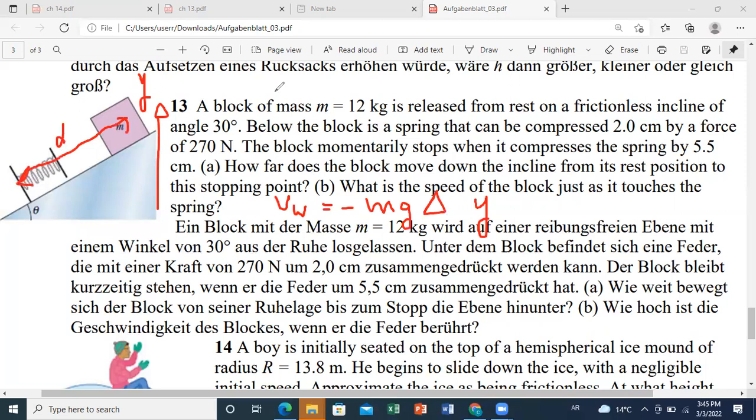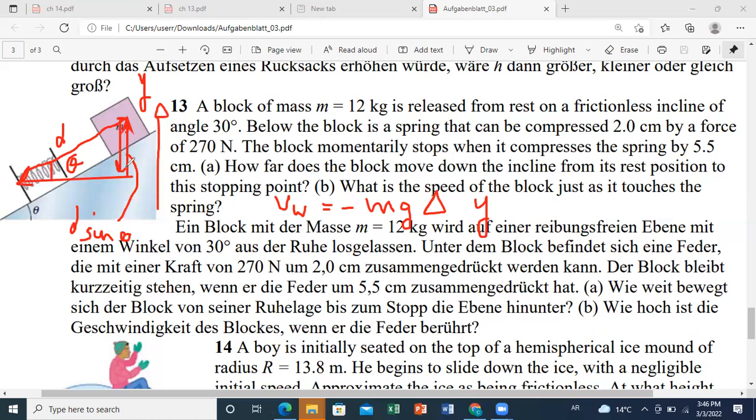You have that the angle between the incline and the horizontal is theta. So your vertical displacement, this distance here, will be d sine theta, because this angle here is theta. But because you are moving down, delta y is negative here.